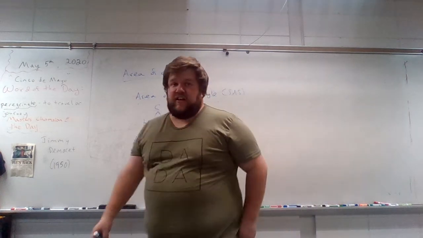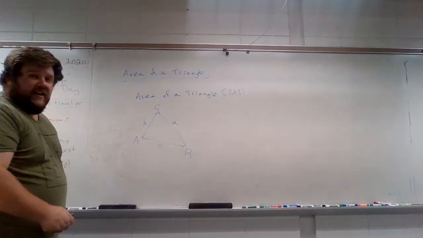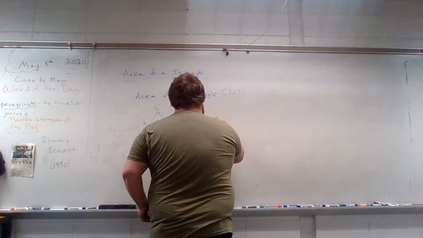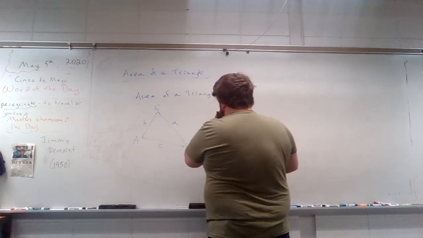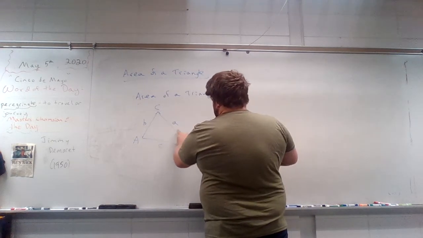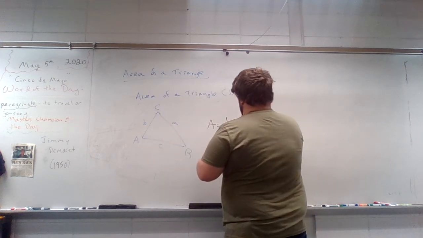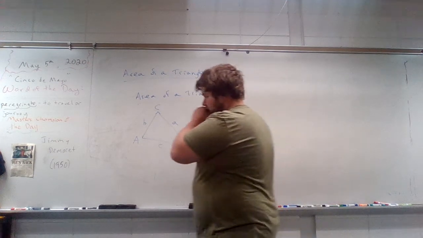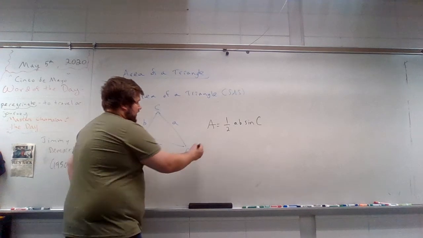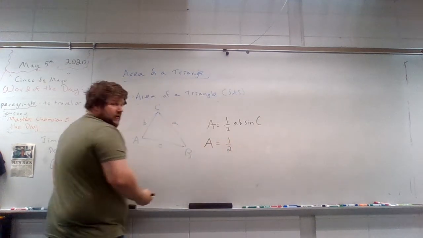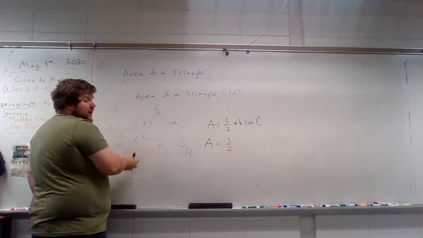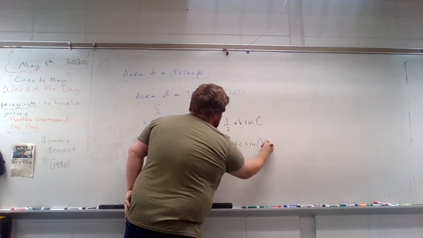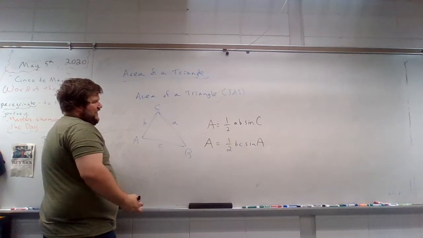I can actually compute the area of that triangle using any of these three formulas right here. I can use that the area is actually just 1/2 of, say, any of these, take your pick, A times B times the sine of angle C. Instead of using A, B times the sine of C, I could use B times C times the sine of A. I don't want that to be confusing.